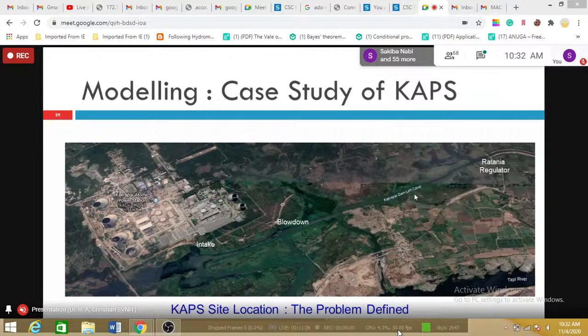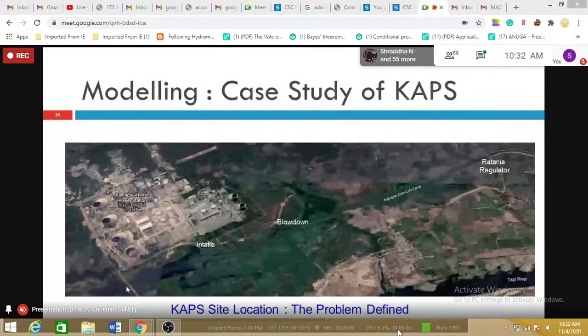Particularly, it is discharging the wastewater into a natural canal, not an artificial canal. It is in fact coming from Kakrapar Weir, which is connected to the Ukai Dam. And Ukai Dam is based on the Tapi River, which passes through Surat.